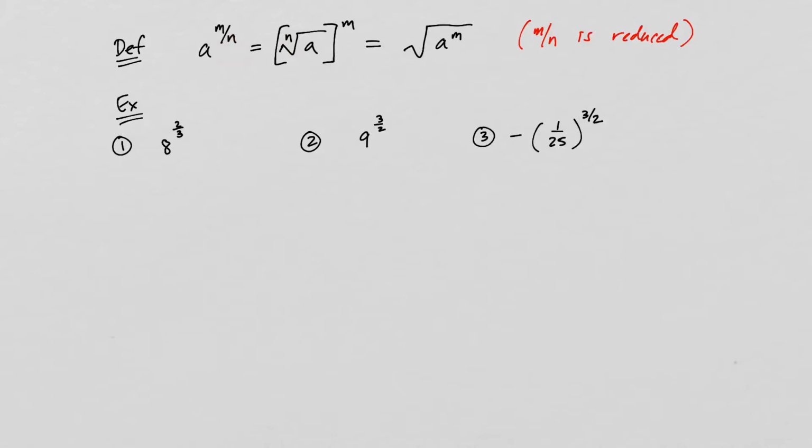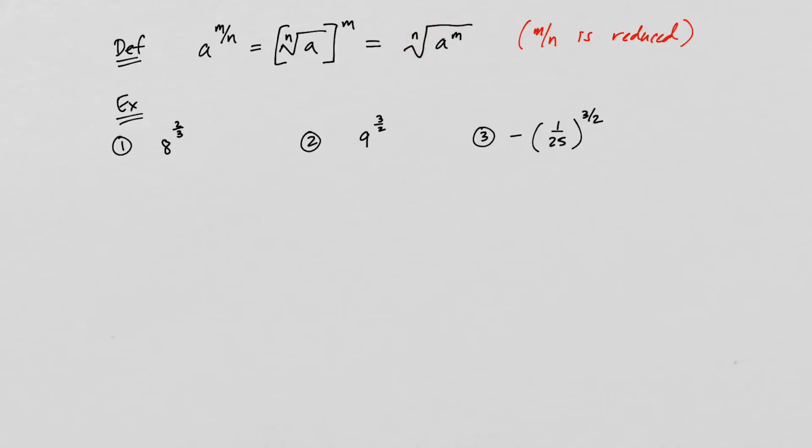So we're taking the nth root of a, but then after doing that, the top number of the fraction is the power we then raise it to. You can do it this way, or you can also raise it to the power first and then take the root second. That's what we have here: a to the m power, and then we take the nth root of that.